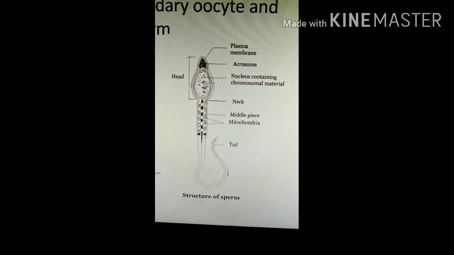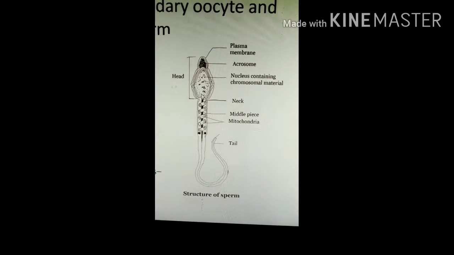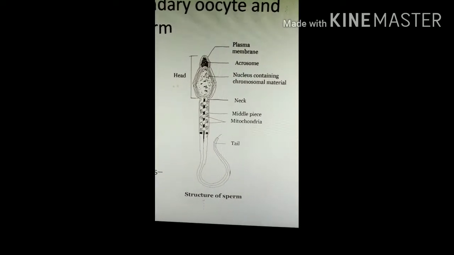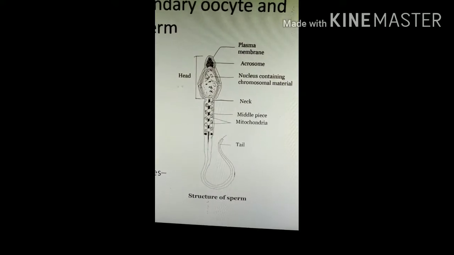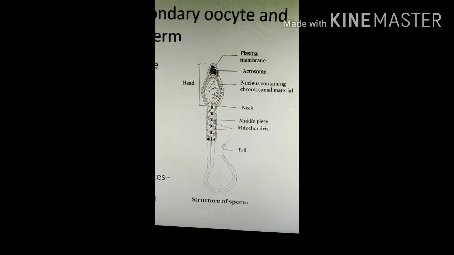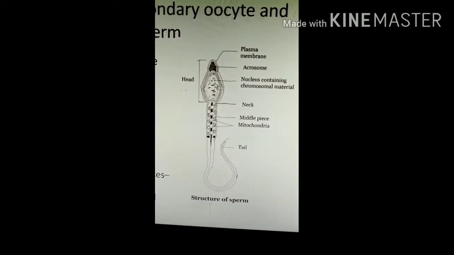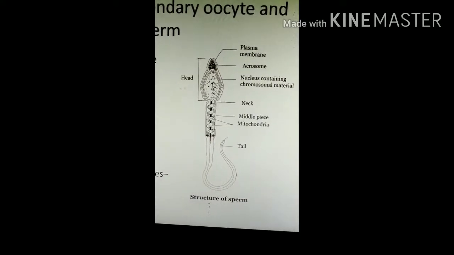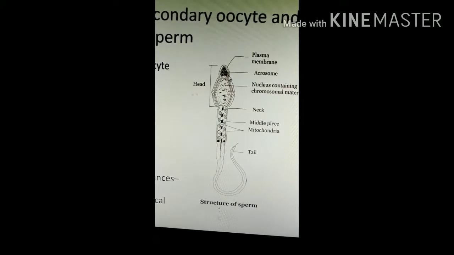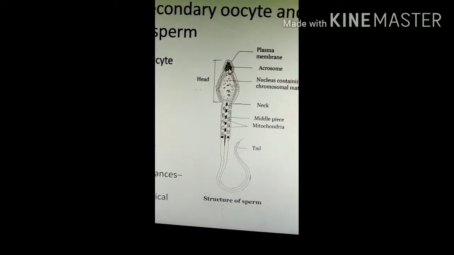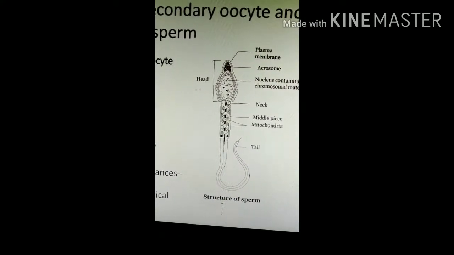The sperm has a definite shape and some exceptional characteristics. This is the head of the sperm. The head contains the nucleus, and the nucleus contains the chromosomal material. This is the acrosomal cap, which contains acrosomal enzymes, acrosin and trypsin.